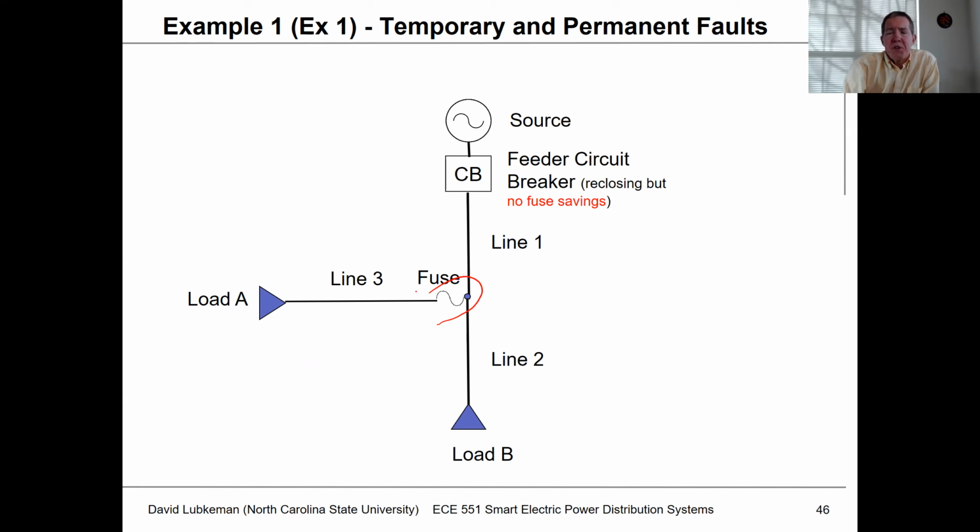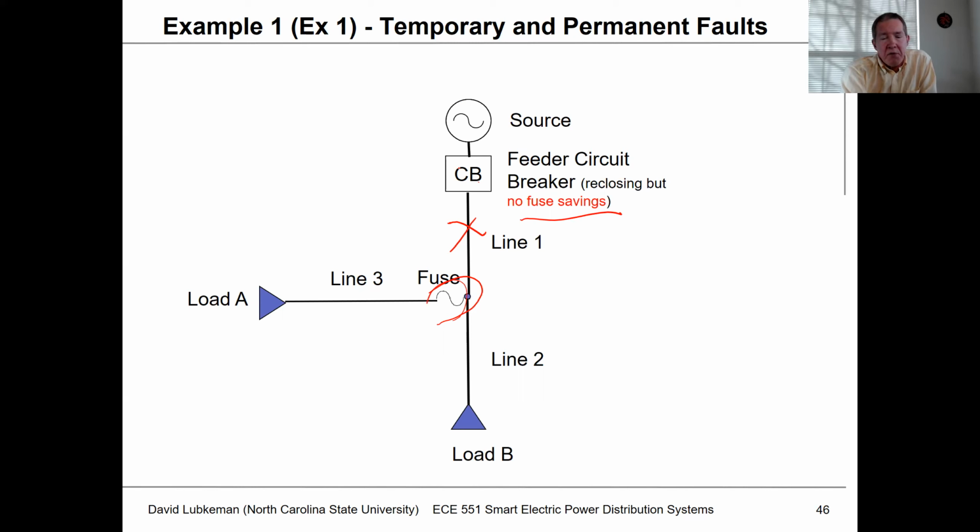The other thing we'll assume in this case is even if the circuit breaker has reclosing, it's not going to coordinate with this fuse in order to do what's called fuse saving. And so if I have a fault on this circuit breaker, then I'll assume the circuit breaker is going to operate, and it'll actually reclose back in and attempt to clear the fault.